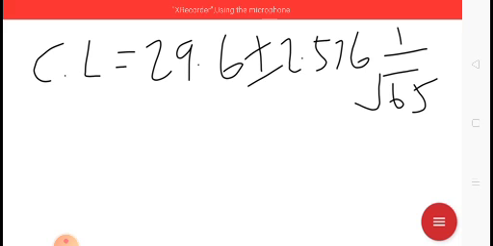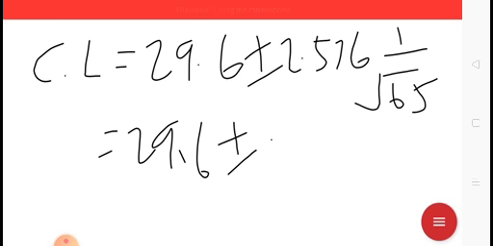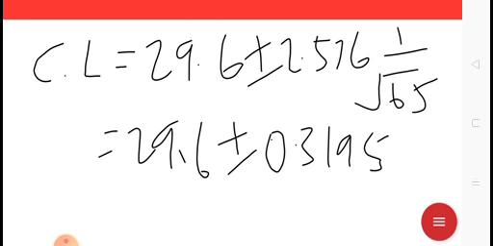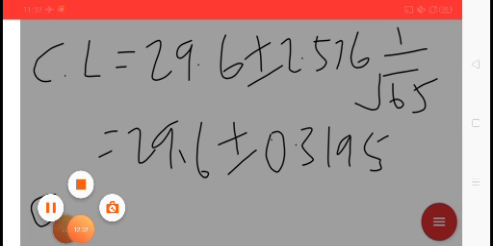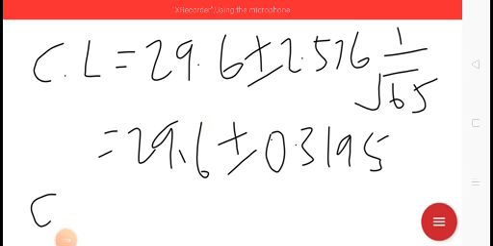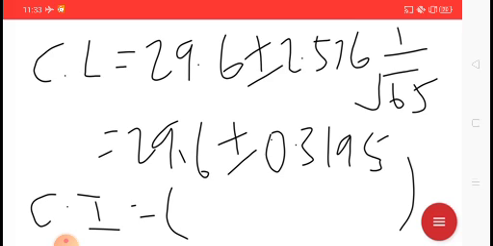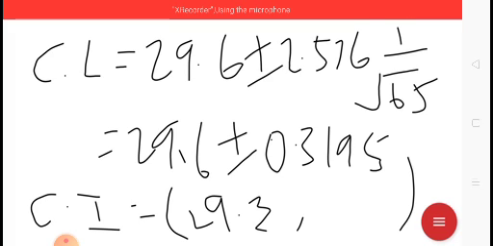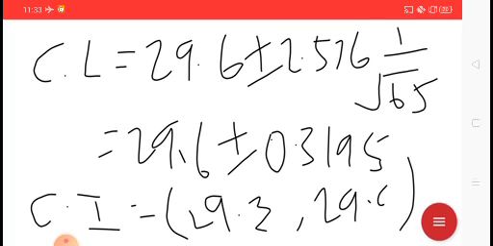By simplifying, you should get 29.6 plus minus 0.3195. So the confidence interval will be: the lower part 29.6 minus 0.3195 is 29.3, and the upper one is 29.9. So this is the confidence interval for this question, part 1.